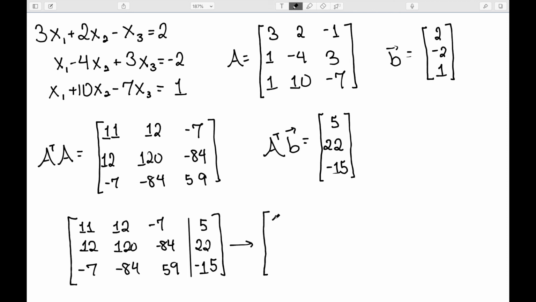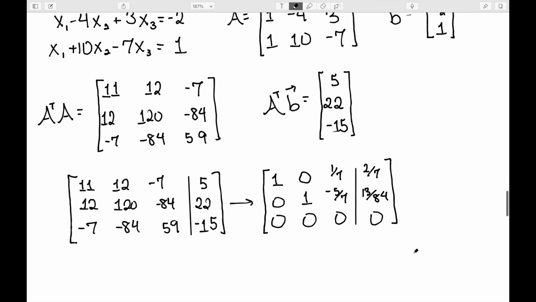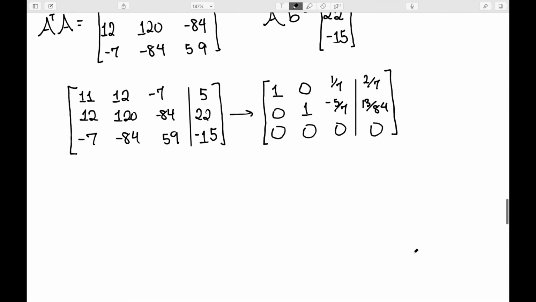When we do, the first column is 1, 0, 0. The second column, 0, 1, 0. The third column is 1 over 7, minus 5 over 7, 0. And then on the right-hand side, we have 2 over 7, 13 over 84, 0. So this one actually has infinitely many solutions, which is entirely possible.